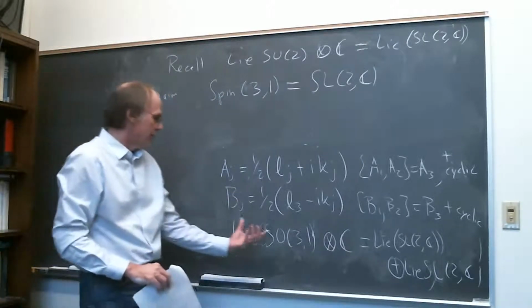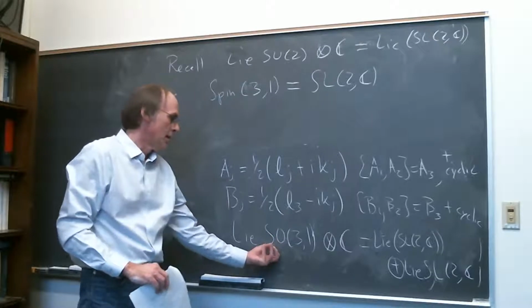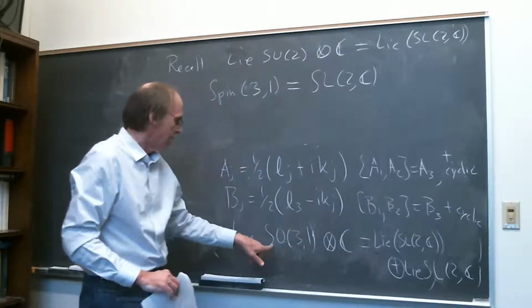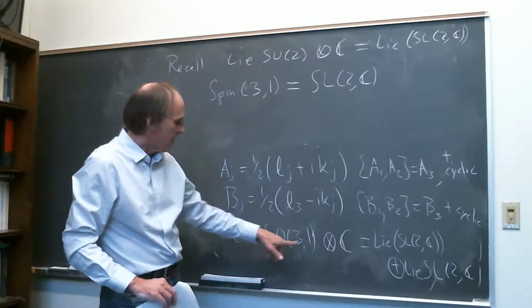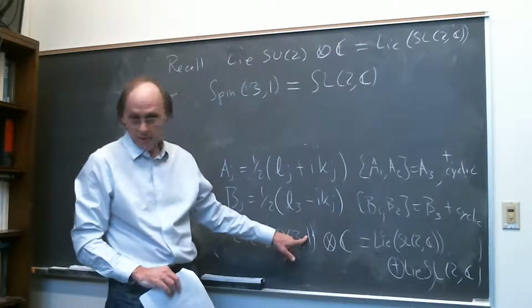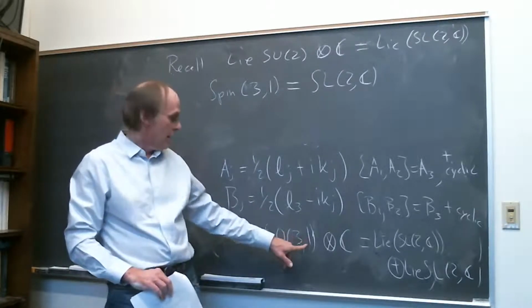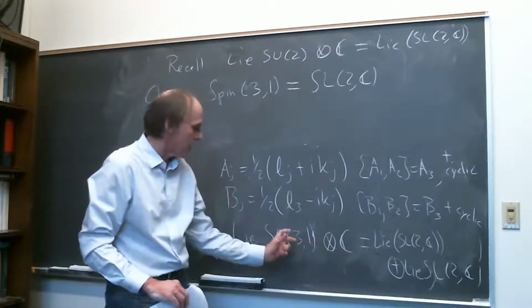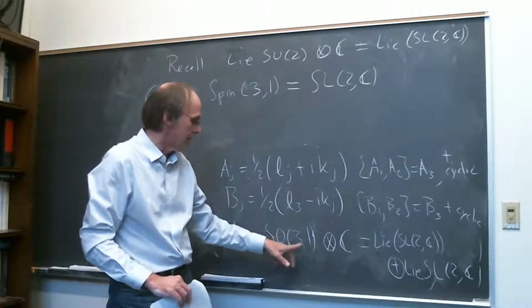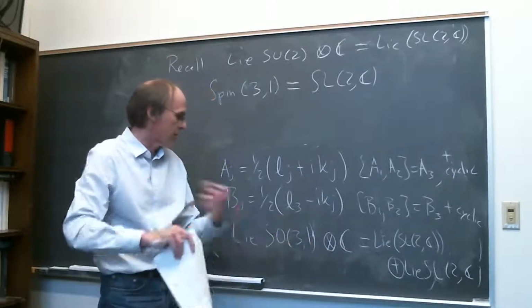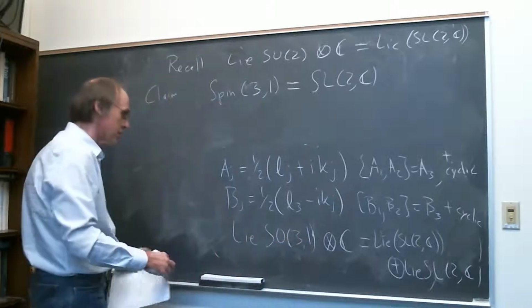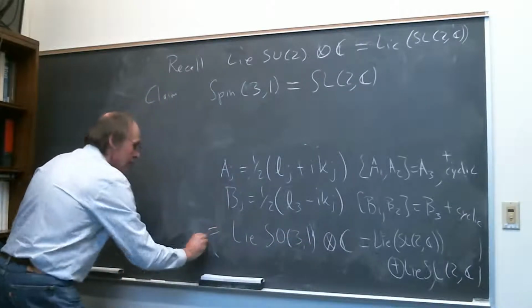If you take real Lie algebras of different signatures and complexify, you lose the ability to tell them apart. If you've allowed yourself to throw in i's, there's no difference between the different signatures.